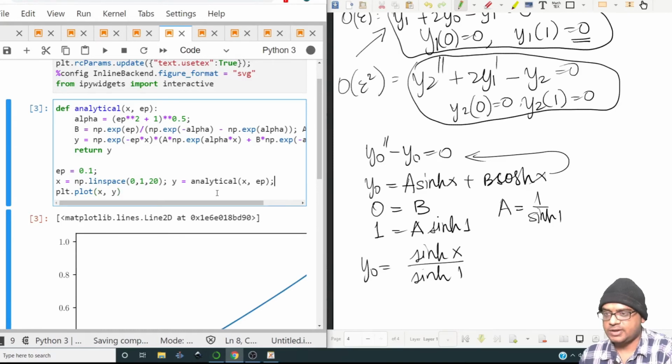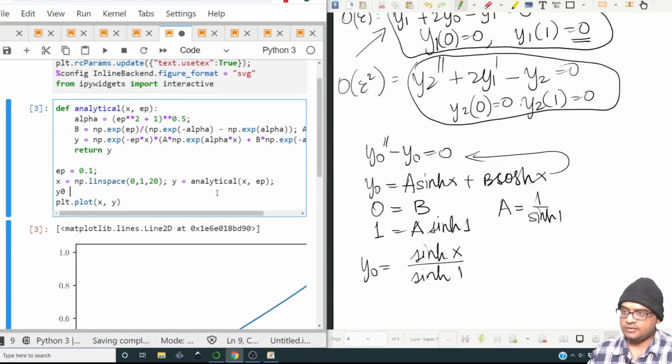So we have y0 equal to np.sinh(x) divided by np.sinh(1). We're going to put a label, analytical.